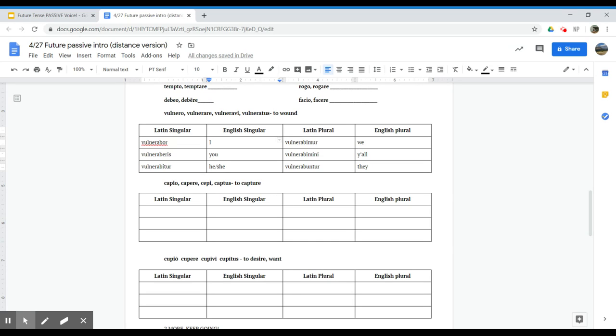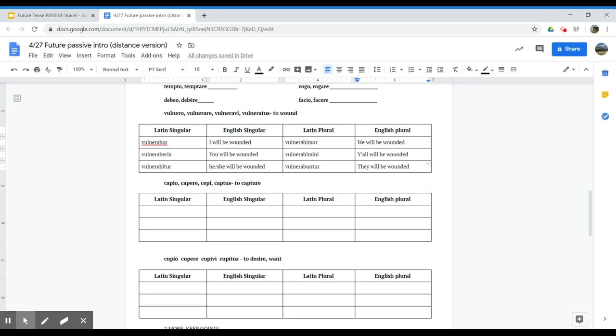It's really nice. So because it's future, "will be," and the meaning of the word, wounded. I will be wounded. And like I said, I'm showing you all these tips and tricks here. You can do a little copy and paste here, right? Not too bad at all. And boom, that first one's done.